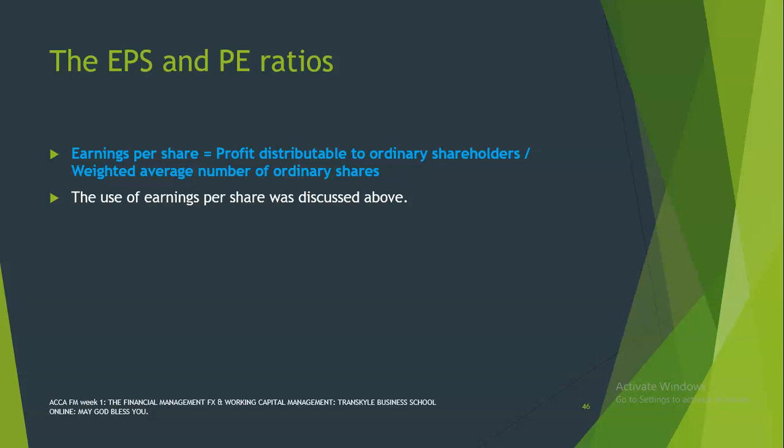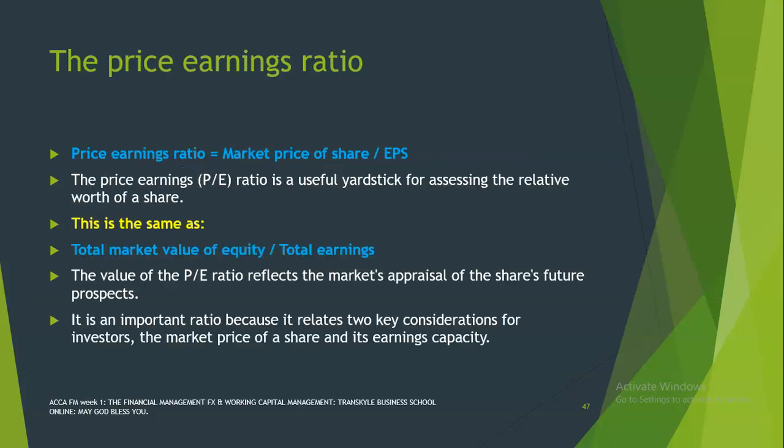All right, the EPS and price earnings ratio. Earnings per share is equal to profit distributable to ordinary shareholders, that is the earnings attributable to shareholders, divided by weighted average number of ordinary shares. We have discussed much about the earnings per share, so we just have to move on. Let's talk of the price earnings ratio.